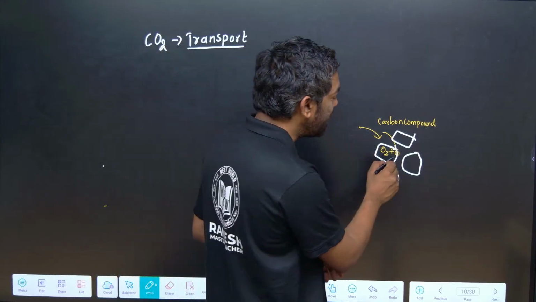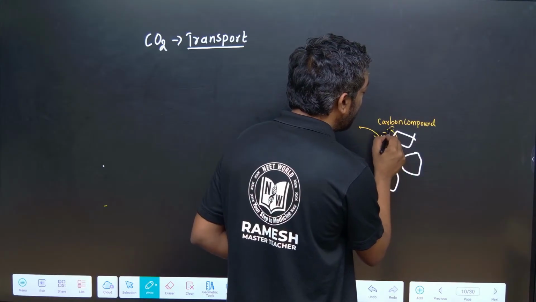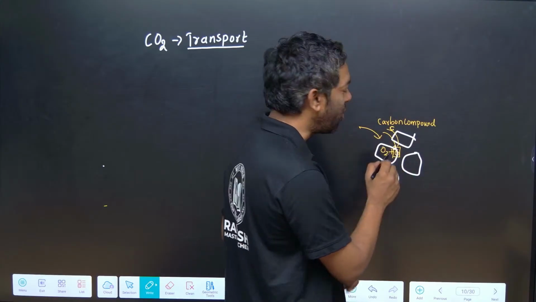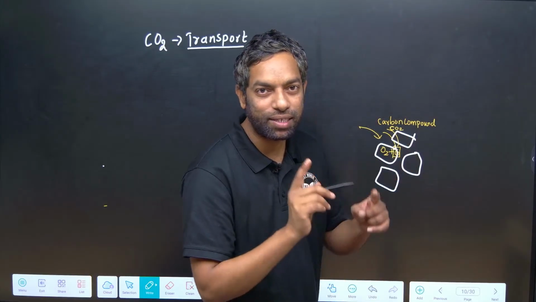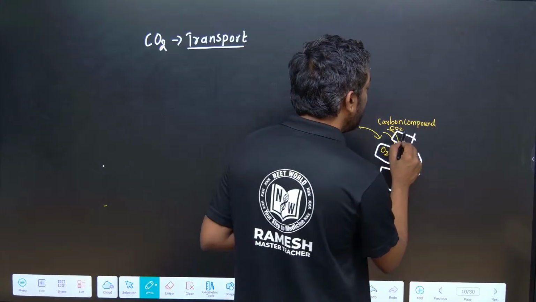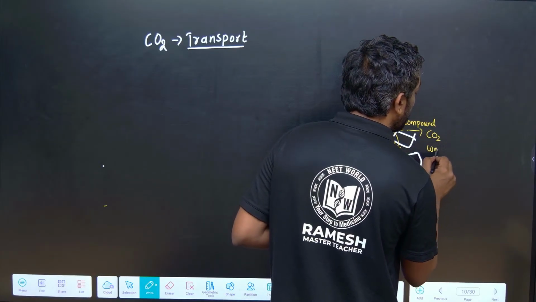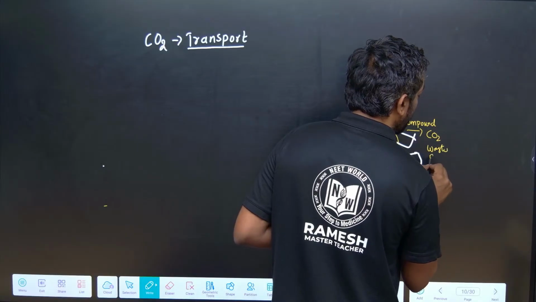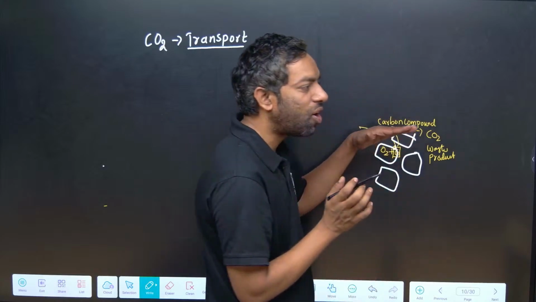The carbon coming from glucose, along with oxygen, is modified into carbon dioxide as a waste product. CO2 is a metabolic waste product.